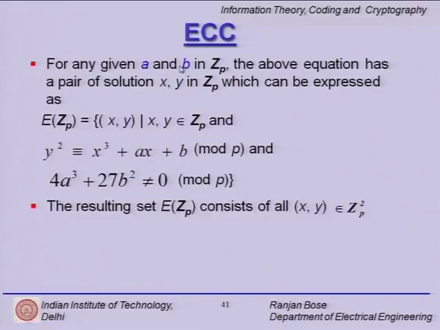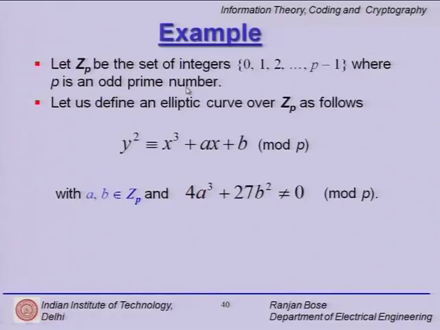So, for any a and b in Z_p, the above equation has a pair of solutions x comma y, remember. So, x comma y is a point on this curve. We are now going to talk about points on this curve defined by y squared equals x cubed plus a x plus b with some constraints.